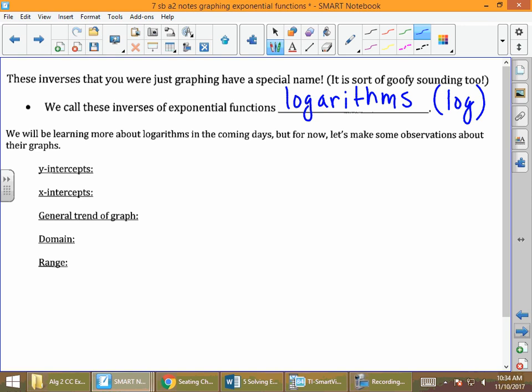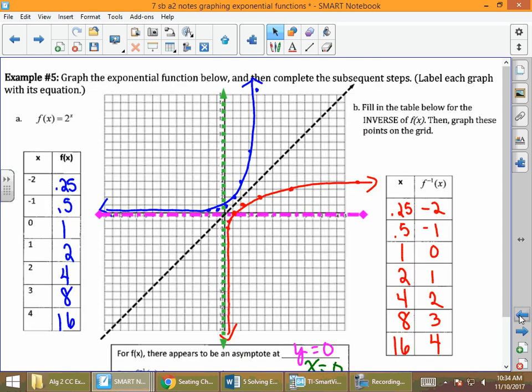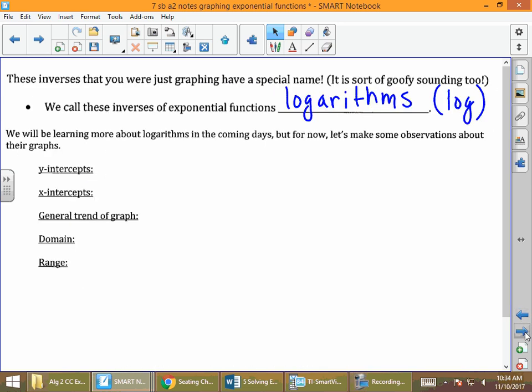But let's flip back, and it's easy for me. You don't have to keep flipping your paper back and forth. It says y-intercepts. When we look back, we're looking at the red graph. Well, our red graph never touches the y-axis on example 6, and our red graph never touches the y-axis on number 5 either, which must mean that we don't have a y-intercept.